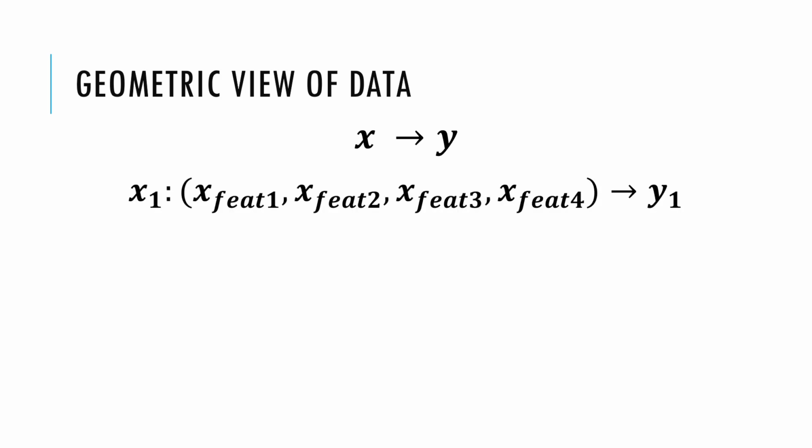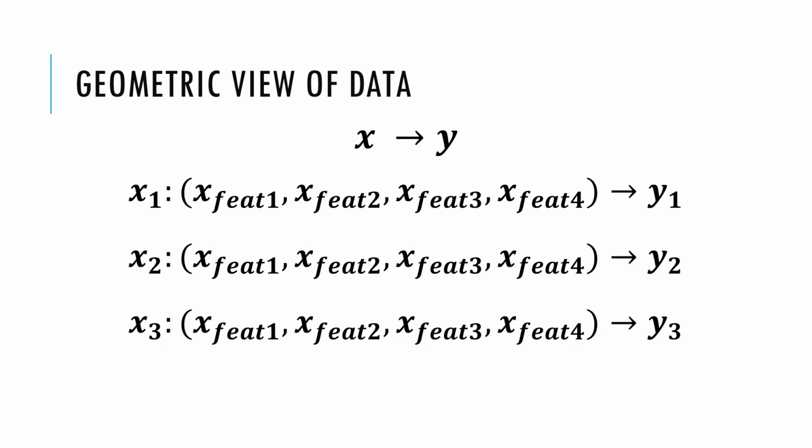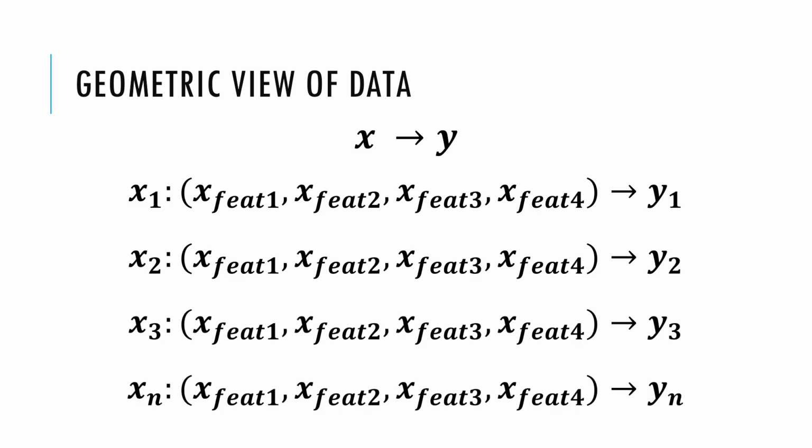So if we have n inputs, we can see here that inputs are just lists of feature values.